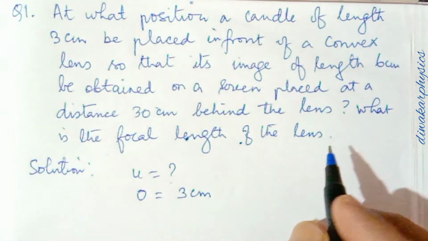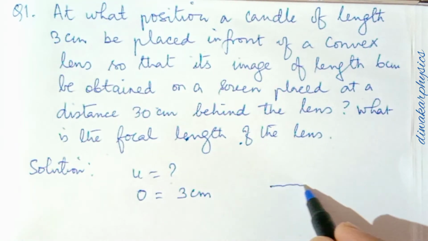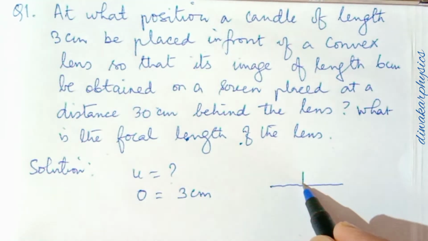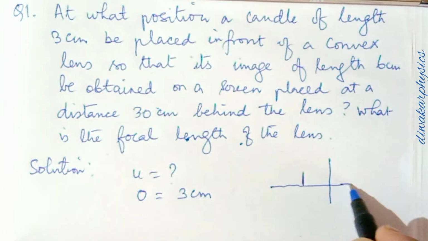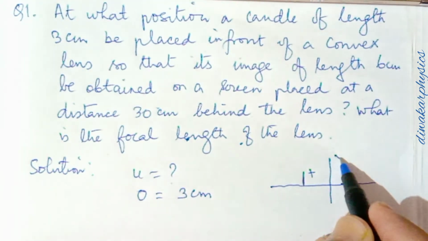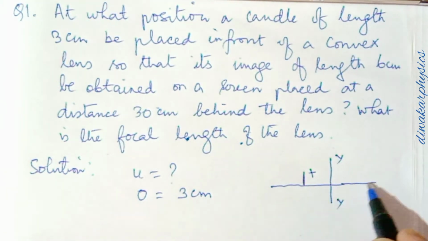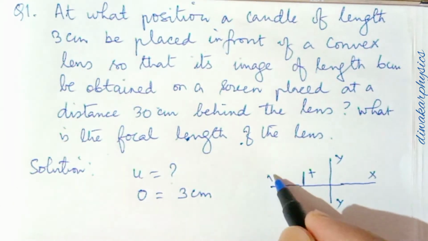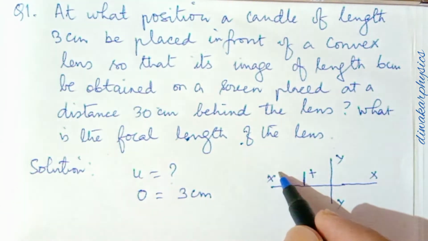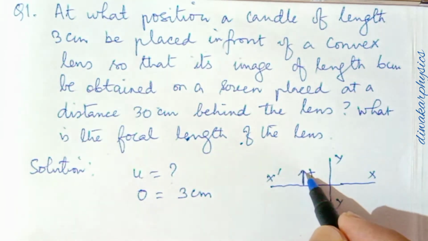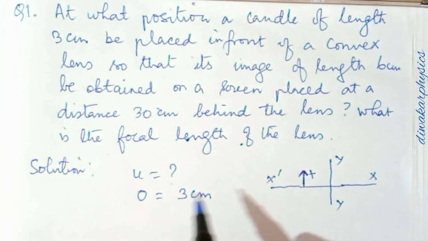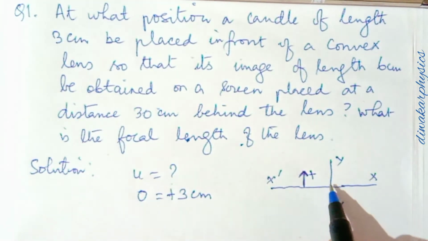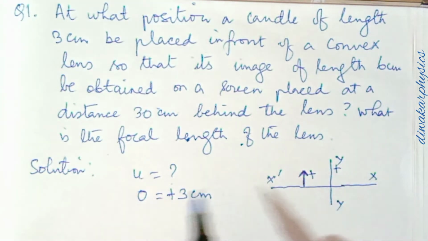Now, sign convention: the object is always kept erect, upright, so it is on the positive side of the y-axis. This sign convention you can follow. The object is always kept upright, so we put a positive sign.